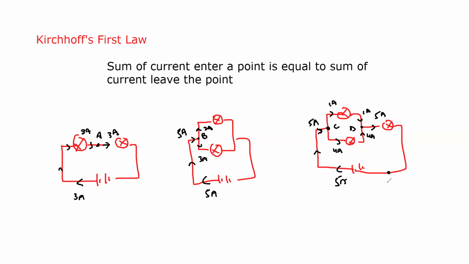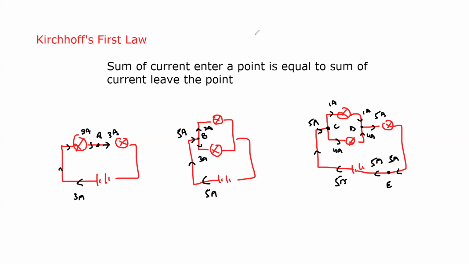If I take point E here, 5 ampere enters and 5 ampere leaves. So according to Kirchhoff's first law, the sum of the current which enters any point in the circuit is always equal to the current leaving that point.